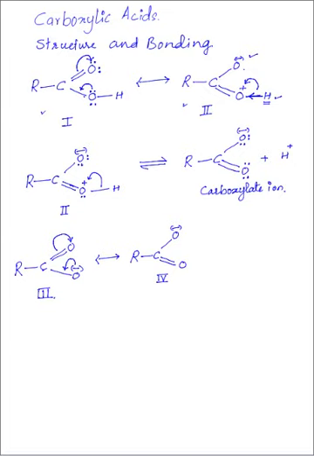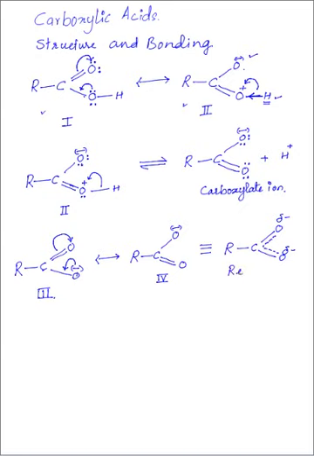Structure 3 and structure 4 have one oxygen with a negative charge in structure 3, and another oxygen getting a negative charge in structure 4. For both of them, a hybrid structure can be written: R, C, single bond O, and there is a small charge on both the oxygens, and a partial double bond between carbon and oxygen.